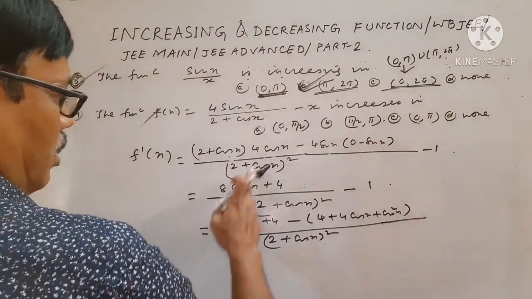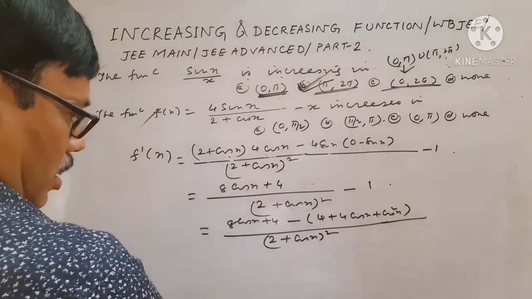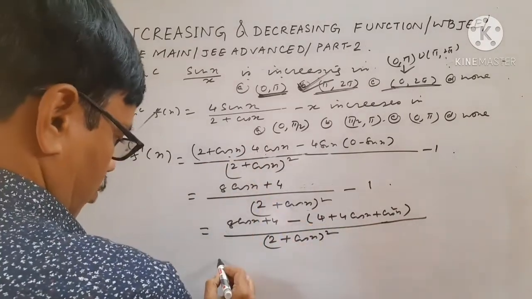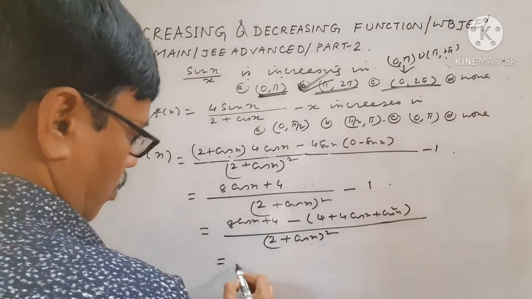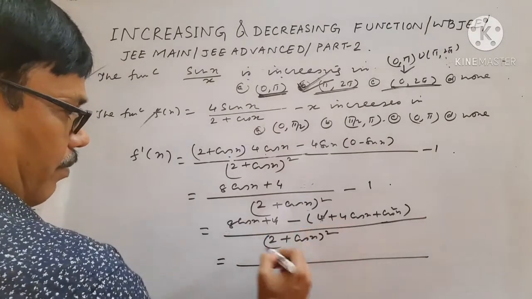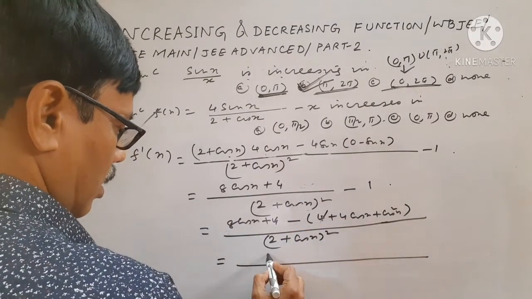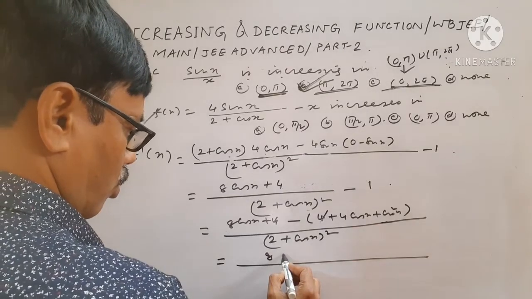So 8 cos x, 8 cos x. So 8 cos x minus 4 cos x. So finally what we are getting? Look, 4 cancel. 8 cos x.